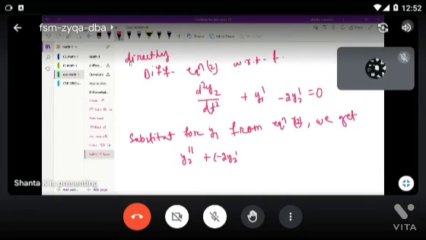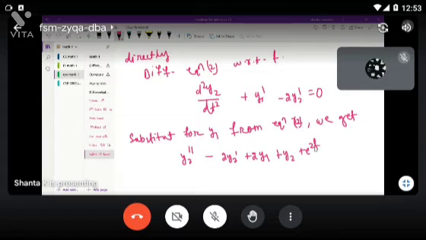Let's open the bracket; a minus sign is there, so we will take care of that. Plus 2y1 plus y2 plus e power 2t. So this is what we have substituted.